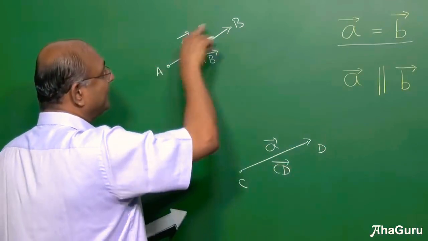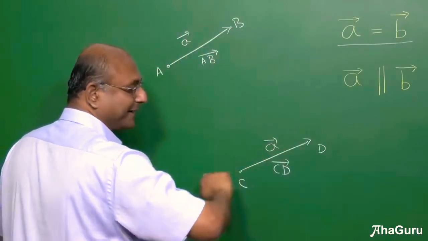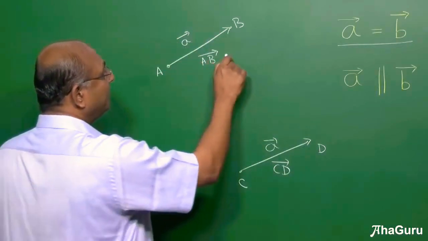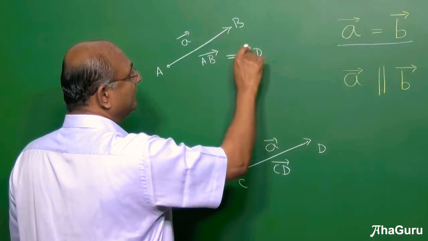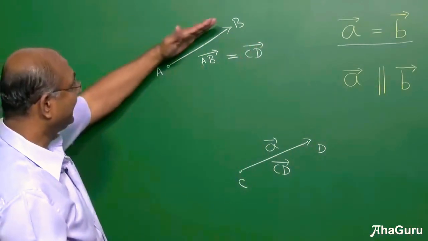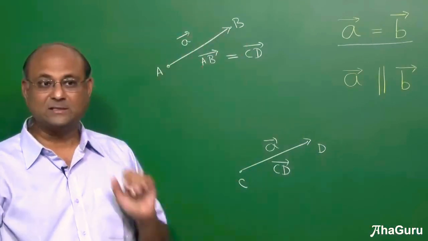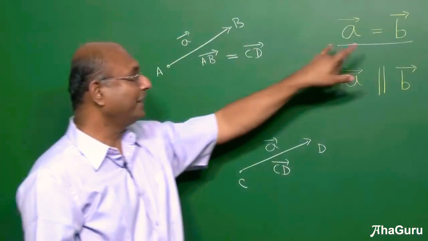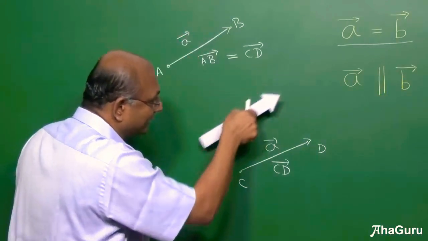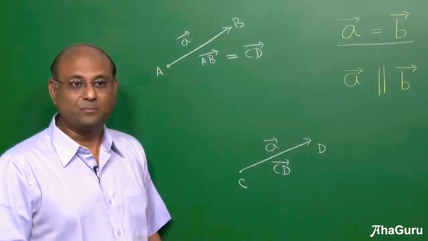But if this vector is also A, then AB vector is equal to CD vector. Point A is not equal to C, but the vectors are equal because all you have done is move it. So whenever you know A is equal to B, that means all you are doing is moving it and getting to the second vector.